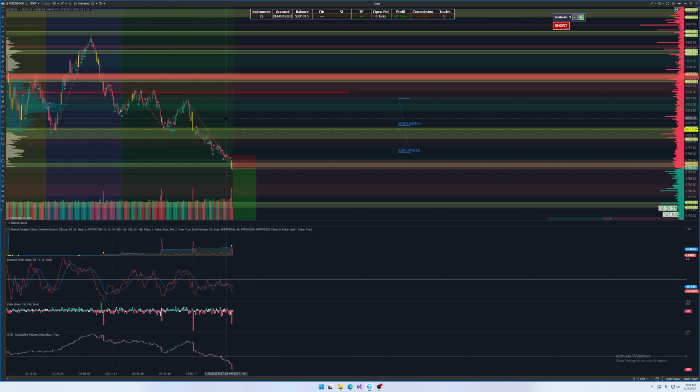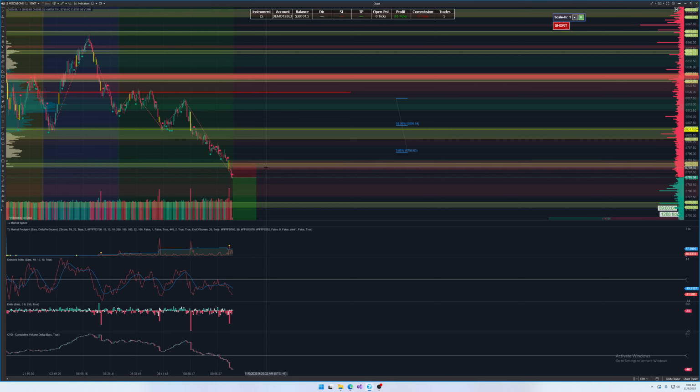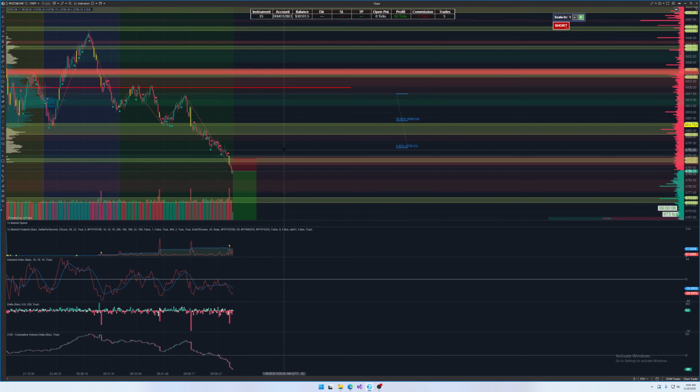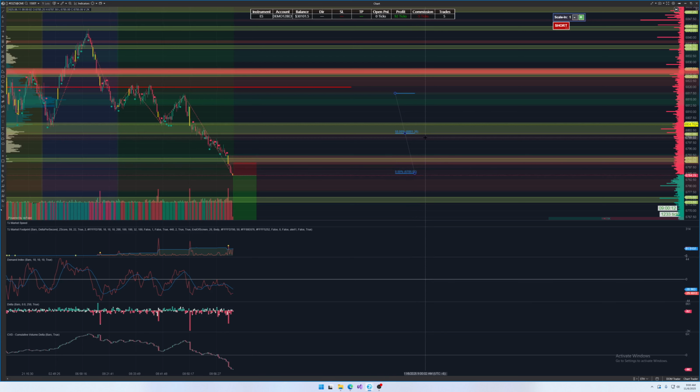Just goes through. It looks like the market wants to go deeper. So let's check if this fast moving part here gonna get rejected. So if there's a 50% retracement, that's gonna be here.